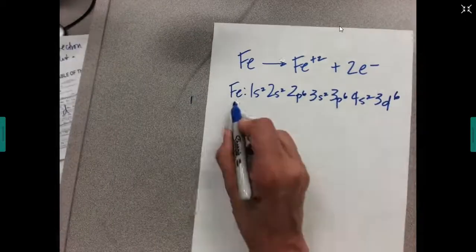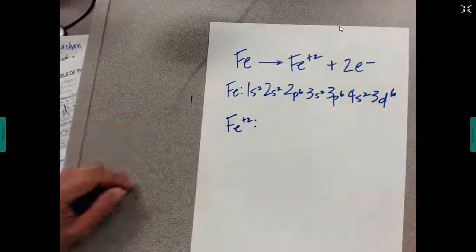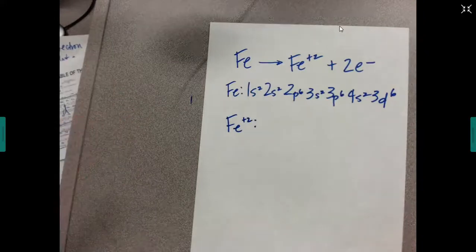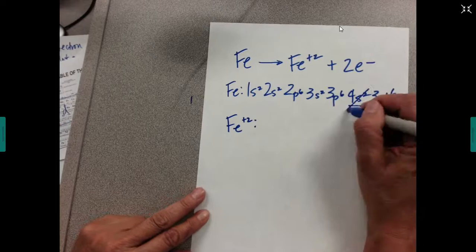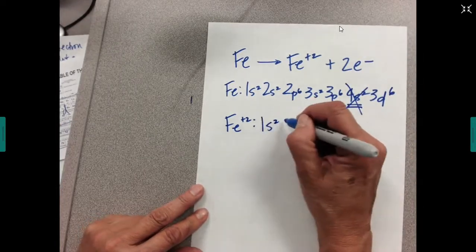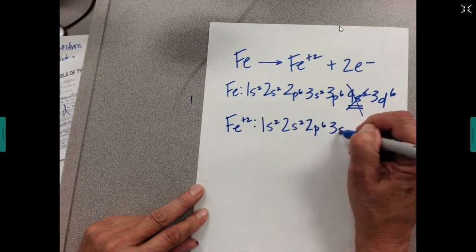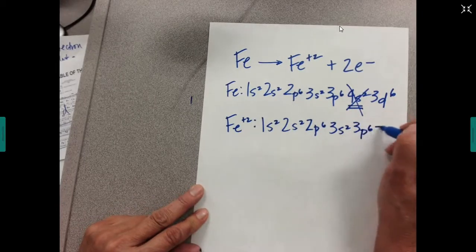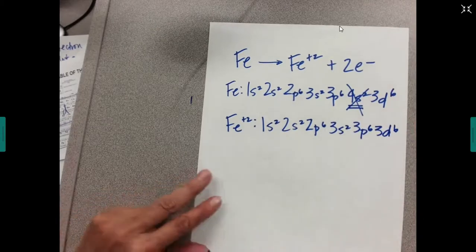All right, so that's normal iron. Fe with a plus 2 charge has lost 2 electrons, but they must come from the valence shell. So since that's the valence shell, those electrons would just go bye-bye, and the electron configuration for iron then would be this. So there's the electron configuration for iron plus 2.